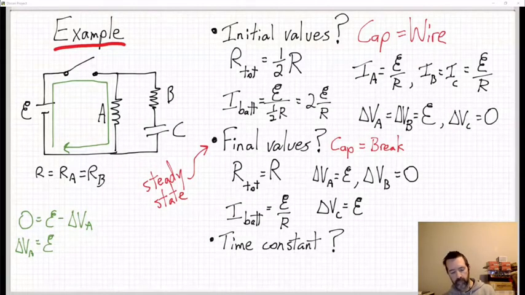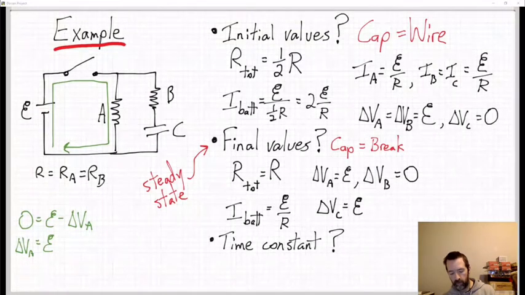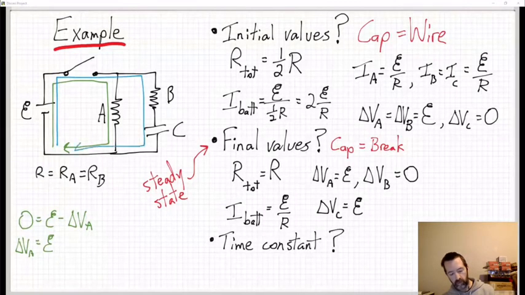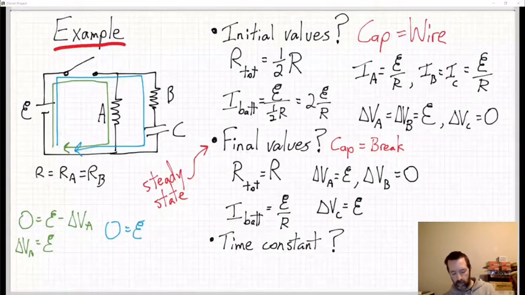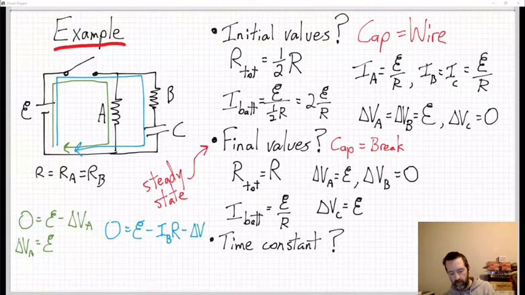But for the other ones, I'll do a blue loop like this. That loop is going to be 0 equals E minus IB times R minus delta VC.